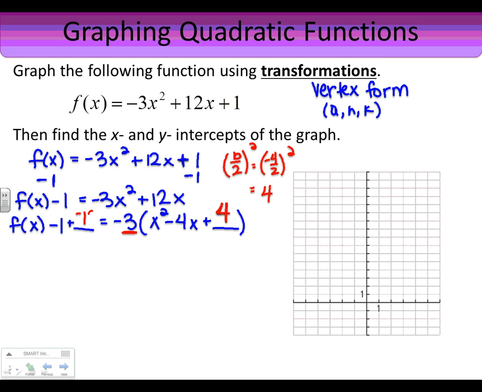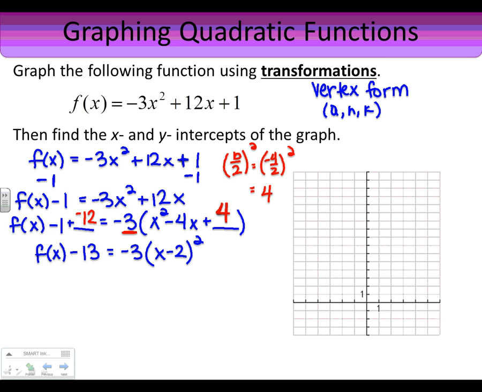So I'm going to add a negative 12 to the other side. So on the left, we have f of x minus 13 equals negative 3 times x minus 2 squared. So we'll go ahead and factor that trinomial. It factors to x minus b over 2 squared.